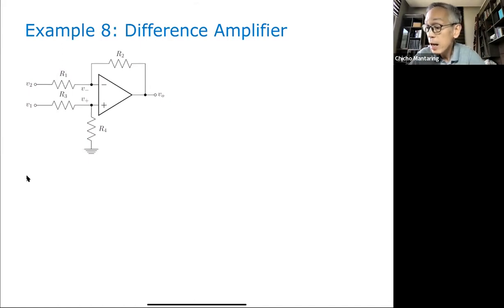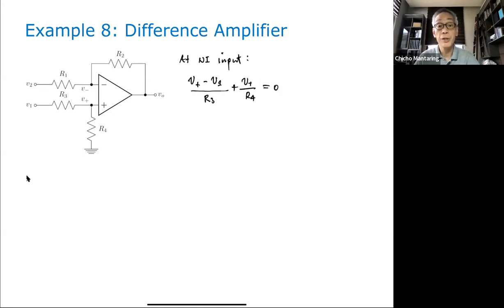Okay, at the non-inverting input, we apply KCL. What is our KCL equation? You have V plus minus V1 all over R3. So that's this current, plus V plus all over R4. That's equal to 0.